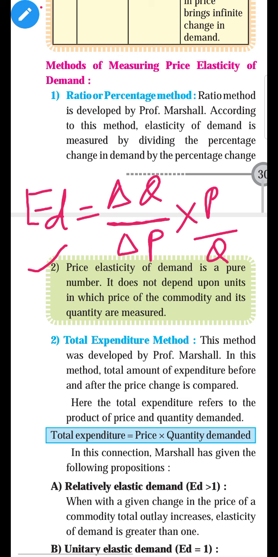It means how much change in price brings how much change in demand. A change in price brings a change in demand, but how much exactly? Because of this method we are going to see the exact number.